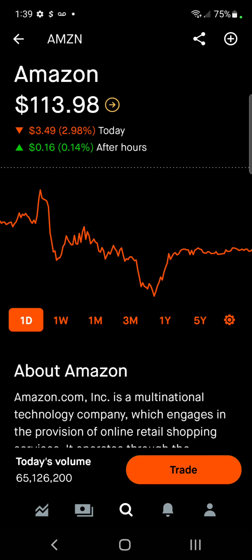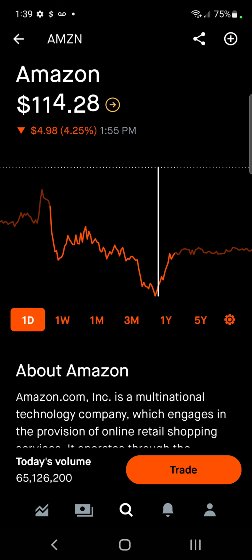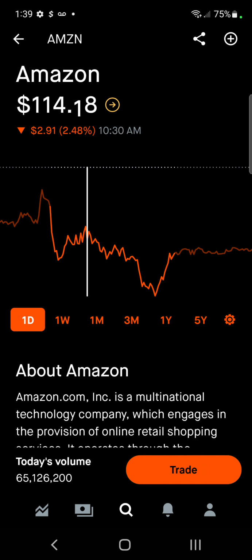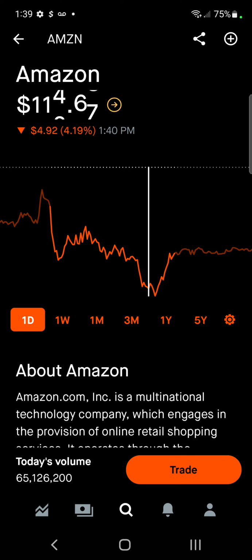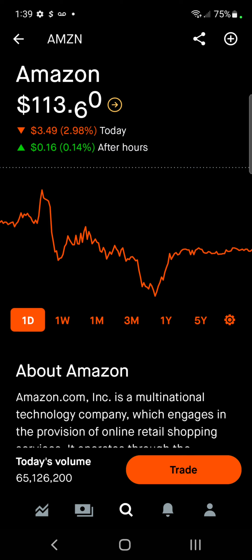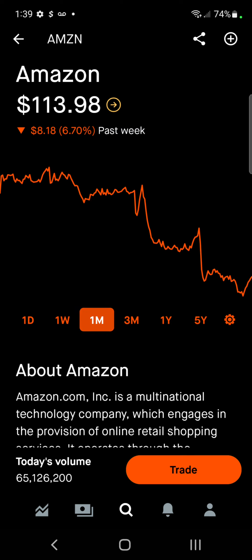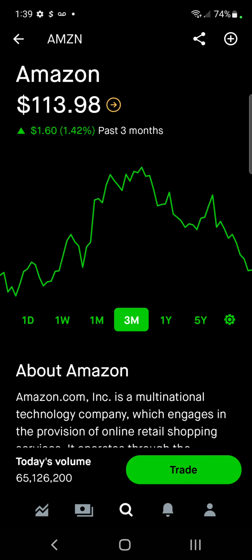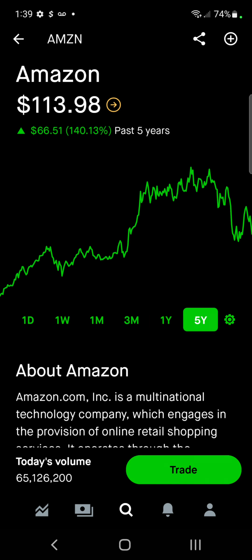You can also drag your finger across with the cursor, and it gives you the recent activity. You can also do the weekly, monthly, and up to 5 years. You can't do the entire history like on Cash App, but up to 5 years is plenty of time to get a good feel for the history of that particular stock.